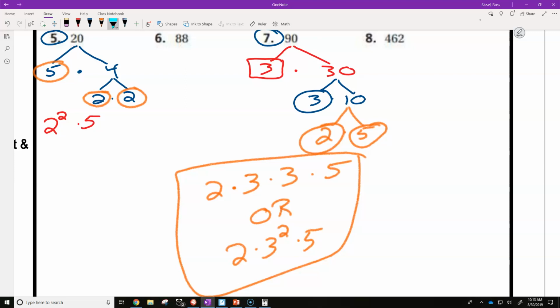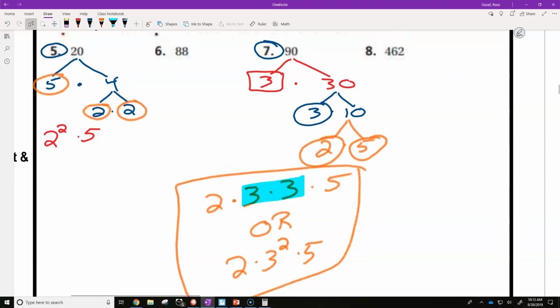Is there 2 2s? 3. So 3 times 3 is 9. 90's greatest perfect square is 9. How about 20? I have 2 2s. 2 times 2 is 4. So 4 is its greatest perfect square.